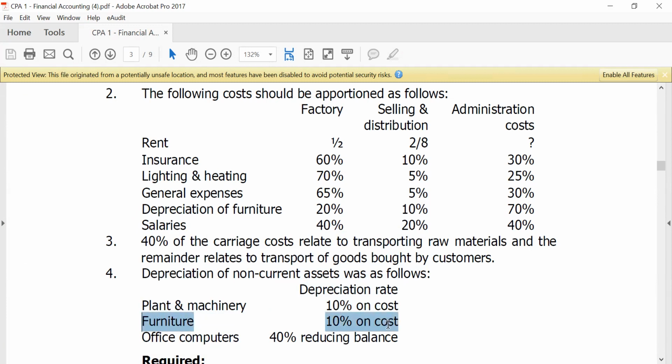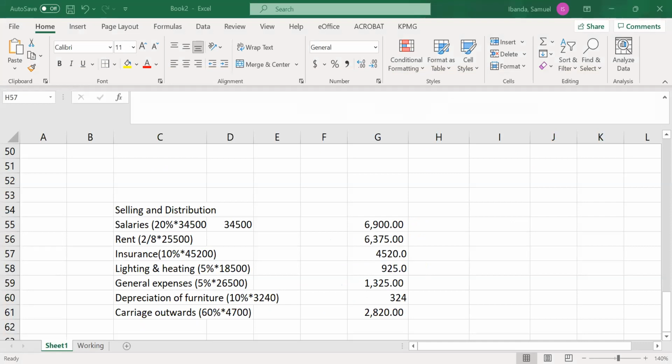Furniture, I've already distributed that. Now let me look at office computers. So I'll just come here, office computers. So I'm just going to look at the depreciation for office computers under my working.